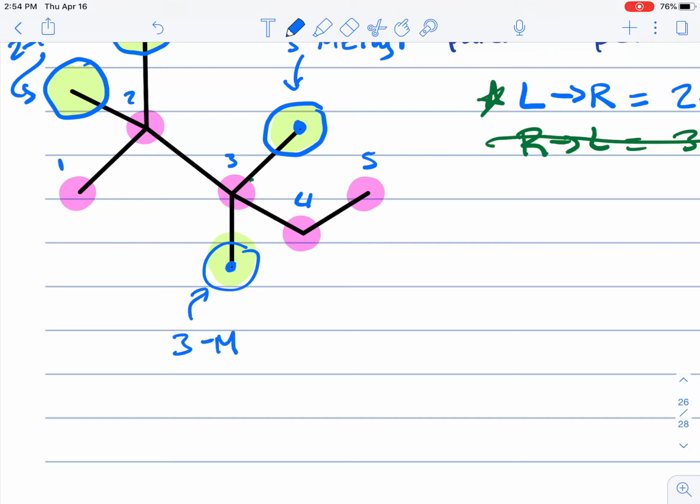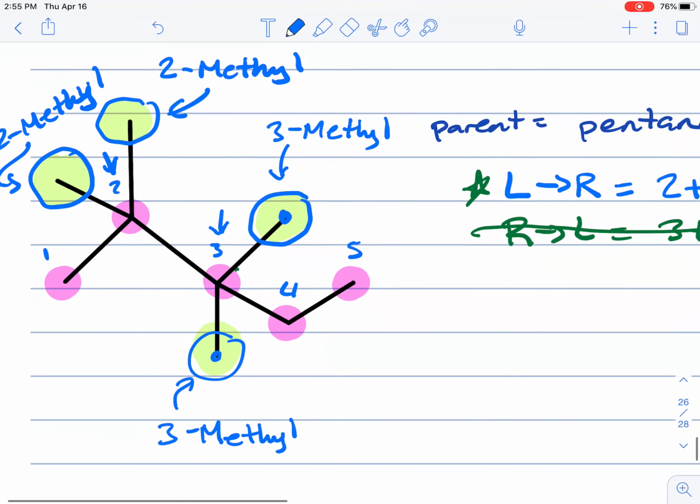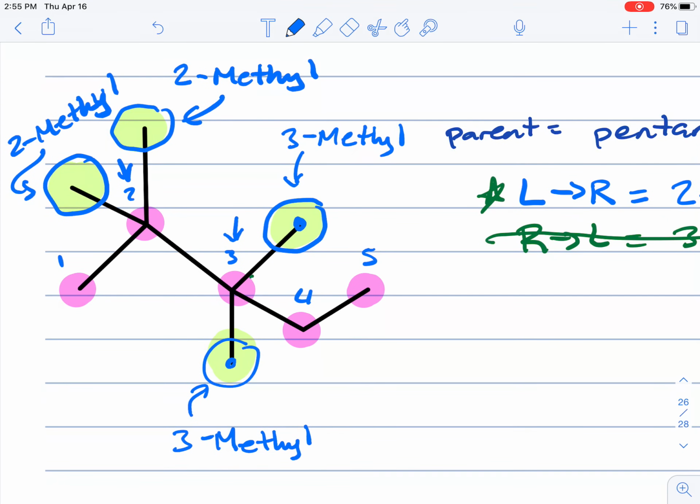And I'm putting 3-methyl because those substituents are on carbon 3, while both of the substituents here are on carbon 2. And so if I were to put the pieces together, notice that the only substituents I have are methyl groups. And since I have the same substituent, I need to describe that correctly, right? I need to put them together since they're the same.